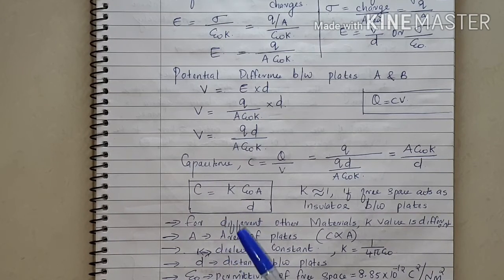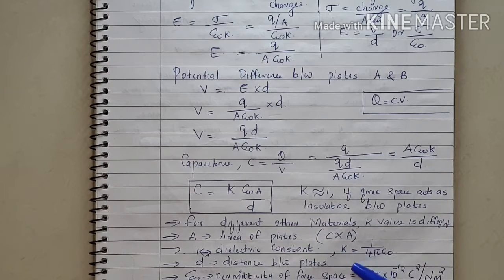Here, capacitance is directly proportional to area of plates and inversely proportional to distance between the plates, and also depends on epsilon 0, that is permittivity of free space, which can be written as 8.85 into 10 raised to minus 12 coulomb square per Newton meter square.